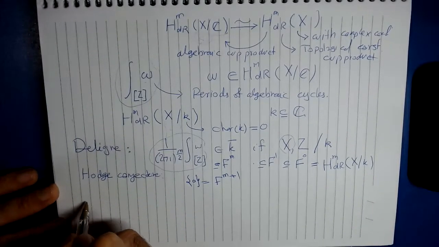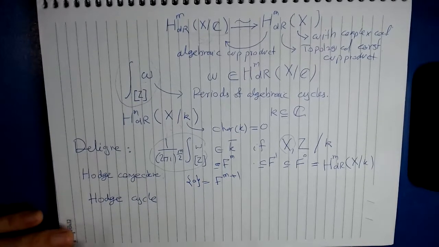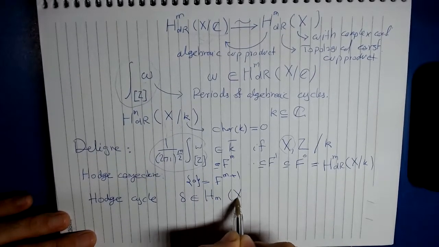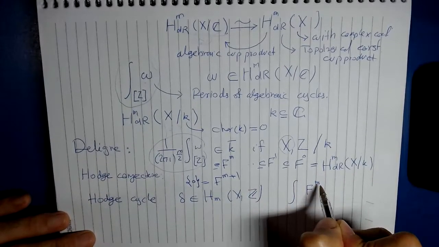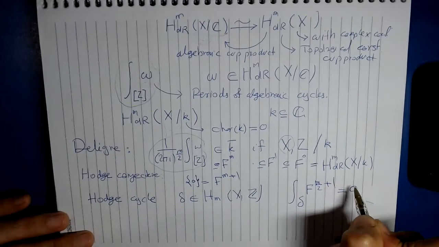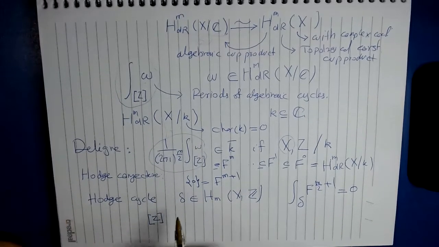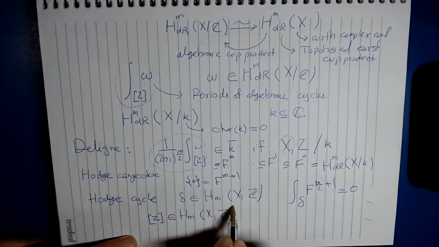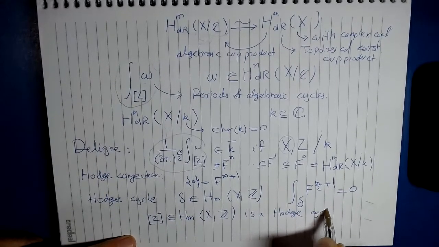And it turns out that we can define something called a Hodge cycle. So a Hodge cycle will be a cycle in H_m(X, Z) such that this part of the filtration over delta is 0. And it is a very simple observation that the algebraic cycle that we had is a Hodge cycle.